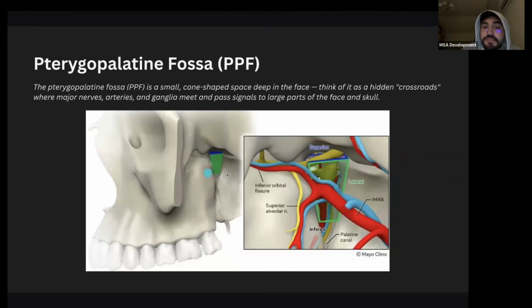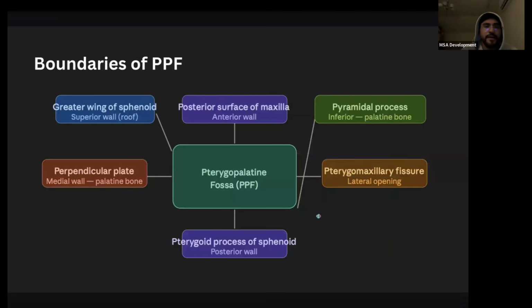This is where they meet and pass signals all the way to the face and the skull. You can see it's a very highly vascularized area, has a lot of very important structures, right? So it's very important that you know the boundaries. This is one of the objectives in your OSPE.